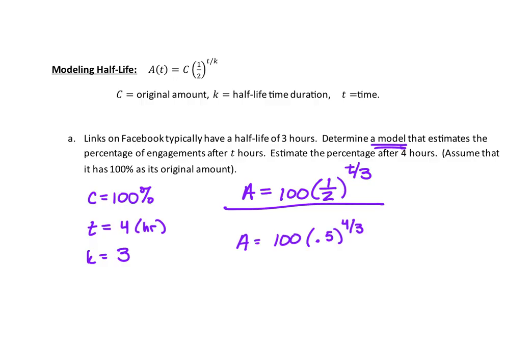All right, so if we go ahead and do this, what I get is 39.69%. And depending on how it wants it to be rounded, you may want to round that to 40%.